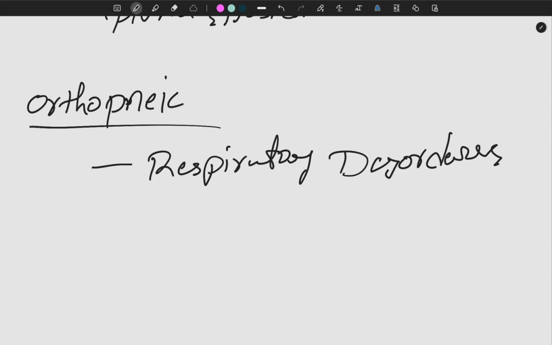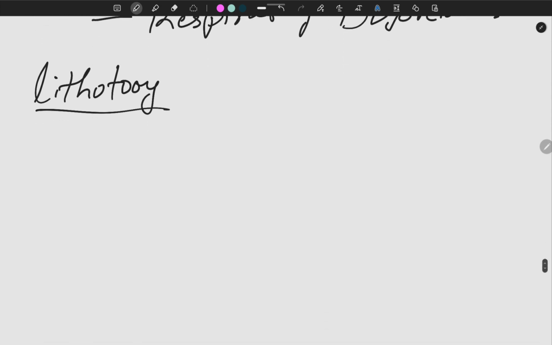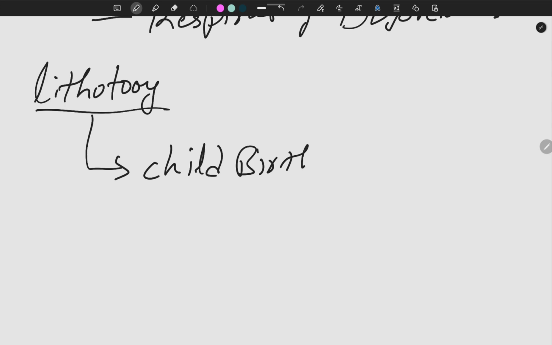So the next important position is the lithotomy. What is the purpose of using this lithotomy position? Mainly for childbirth. Childbirth is nothing but normal vaginal delivery.